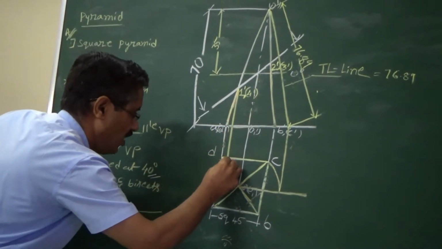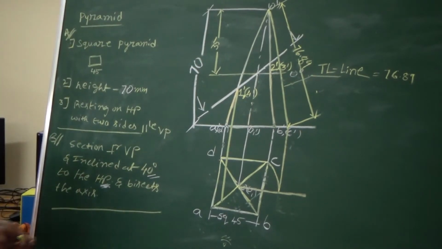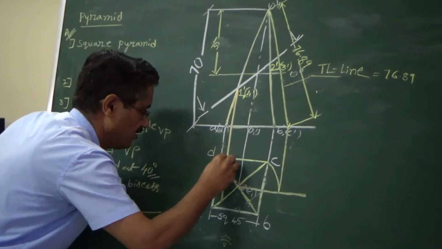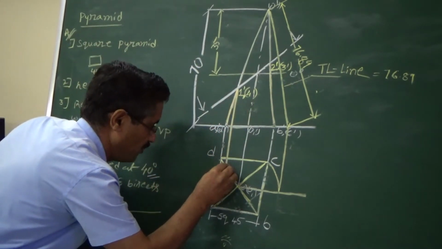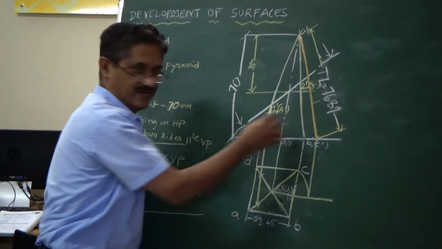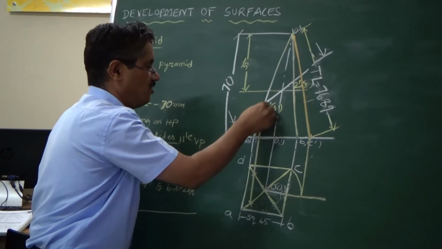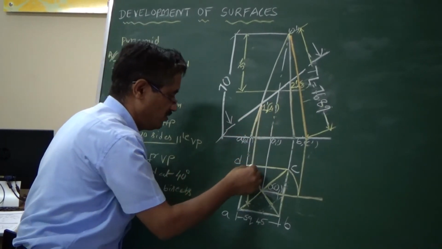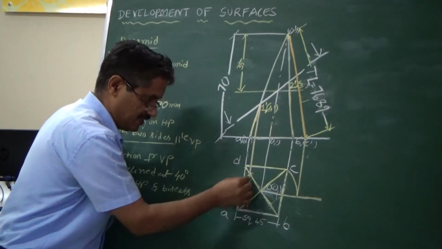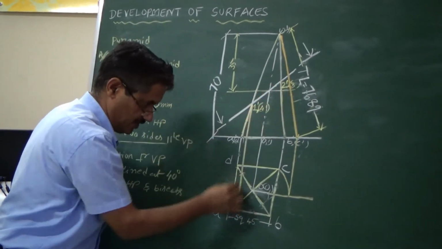After giving all the numbers to this, you have to transfer these cutting points onto the top view. When you draw the lines to the top view, this is very important in the problem. You have to draw a vertical line down to know where it is lying. So this is the one point we were discussing in case of pyramids. The section points you have to first drop down to the top view. Why are we doing this? Because we have to mark and join the lines of 1 to 4 here in the top view.